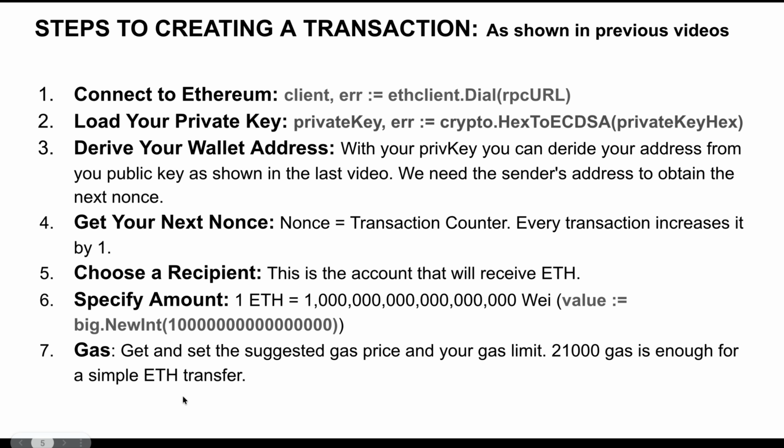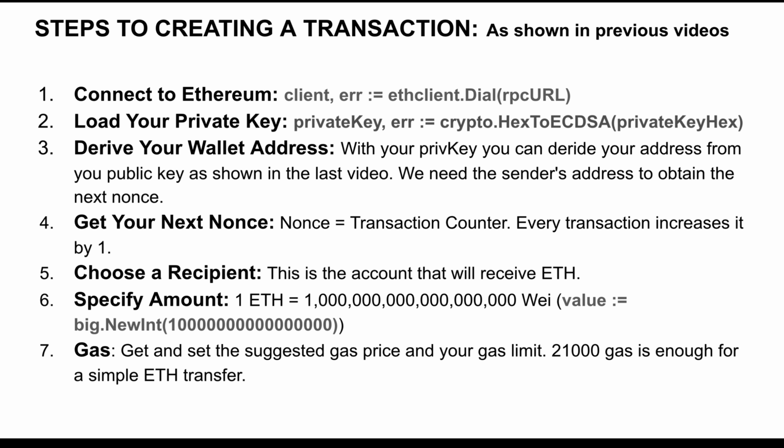So then we have gas. Like I said, we get and set the suggested gas price and your gas limit. So 21,000 is enough for a simple ETH transfer, right? Like I pointed out in the previous video, you set the gas limit that you are willing to pay.